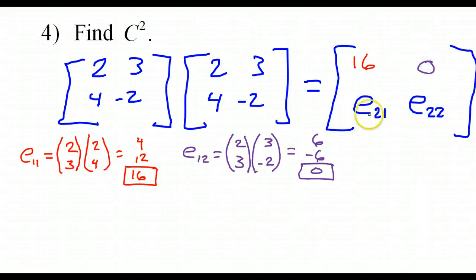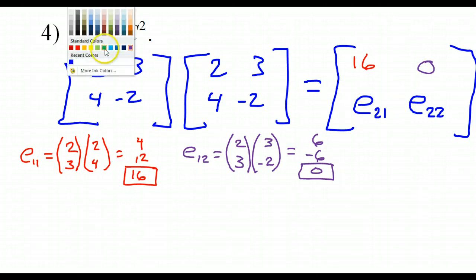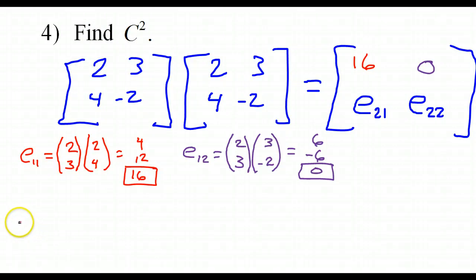Let's move on to element 2,1. That's row 2, column 1. Row 2 is 4, negative 2.